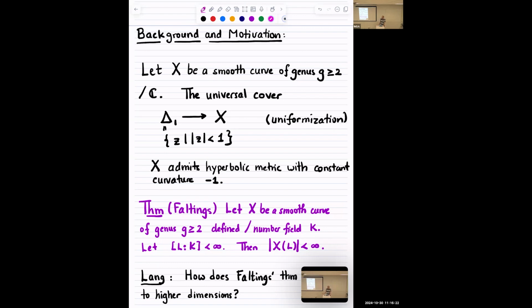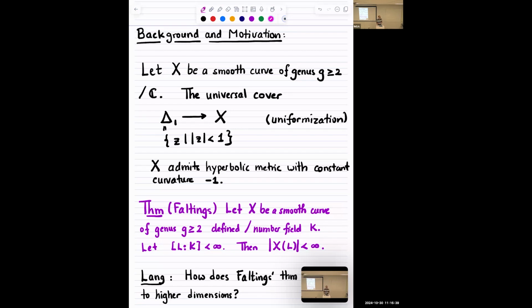And then one of the greatest theorems of the 20th century is Faltings' theorem, which says that if you have a smooth curve of genus at least 2 defined over a number field, then over any finite extension of this number field, this curve has only finitely many points.